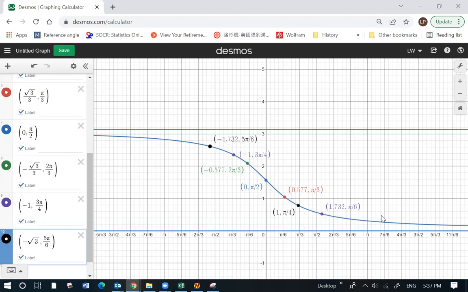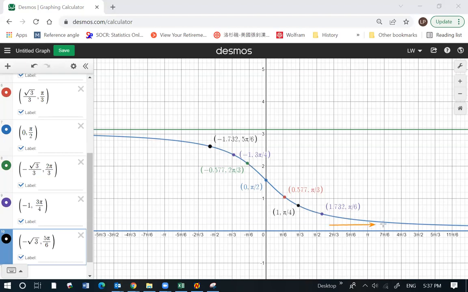The last one: look at the endpoints. There's no end. Why? Because it goes to infinity. I'm going to change the color to gold.